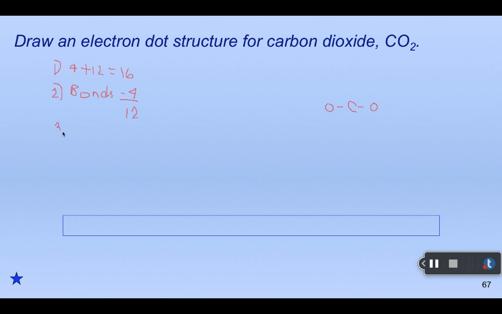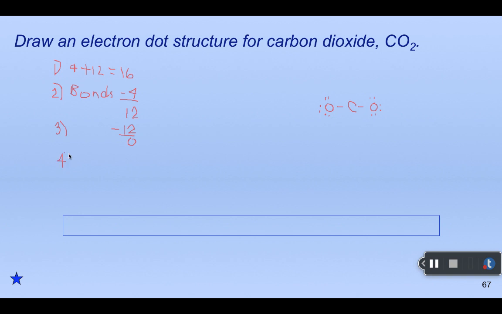And so we'll have to fill up octets around the oxygen atoms. And so 2, 4, 6 electrons on each oxygen adds up to a total of 12 electrons, right? Well, that's how many we had left to do. So oxygen's octets account for the remainder of our total number of valence electrons.